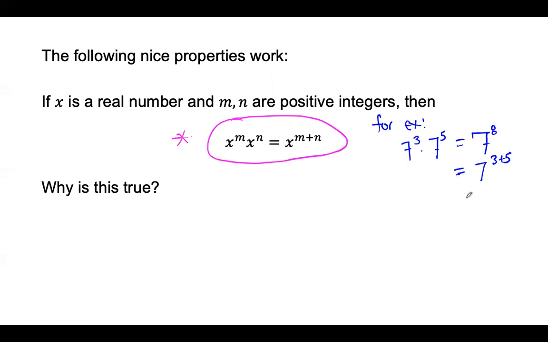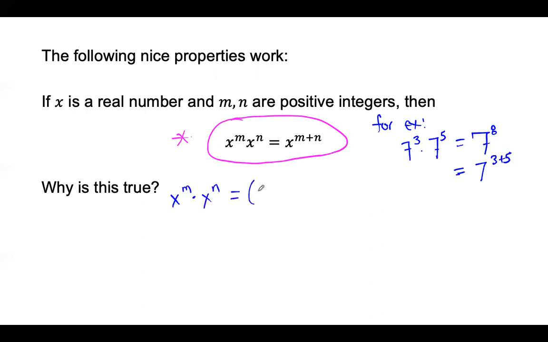I could give you all the formulas right away like that, but it's good to take a second and understand how we get these formulas. So why is this true? I think it's actually worth doing for a second. Let's say you have x to the power m times x to the power n.